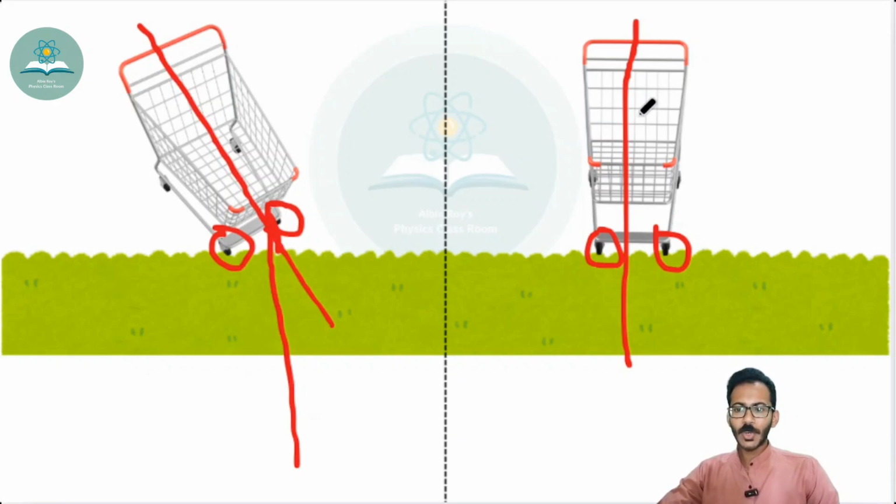The speed of this trolley will get reduced, but the trolley will continue moving in a straight line. In the other case, the speed will get reduced, but because of this tire, it will bend slightly towards the left side. But in this case, since both the tires are touching the grass at the same time, the speed will reduce, but the direction will not change. It will come through the straight line itself.